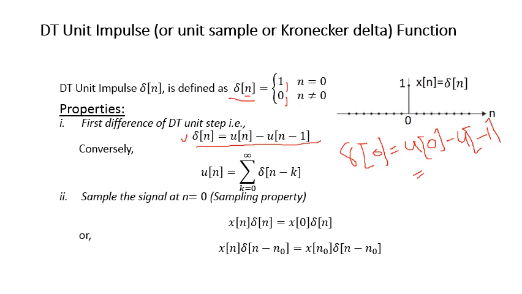The definition of the discrete time step function is that it is equal to 1 when its argument is 0 or greater. Because its argument is 0, its value will be 1. Again here u of minus 1 is definitely 0. Why? Because by the definition the step function is 1 only when its argument is 0 or positive. So you get 1 minus 0 equals 1.